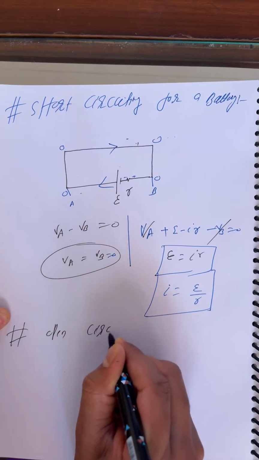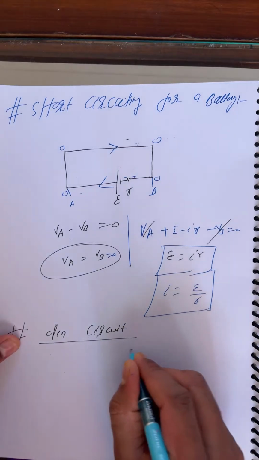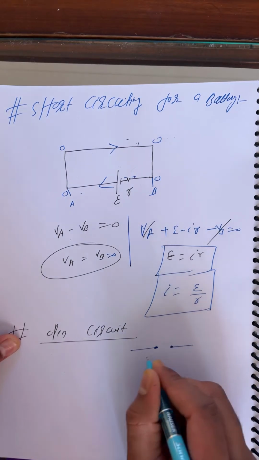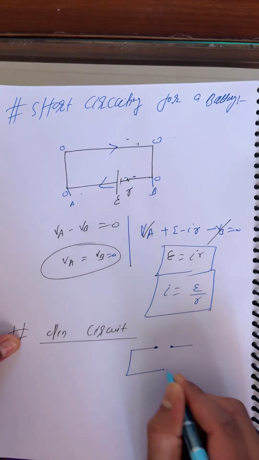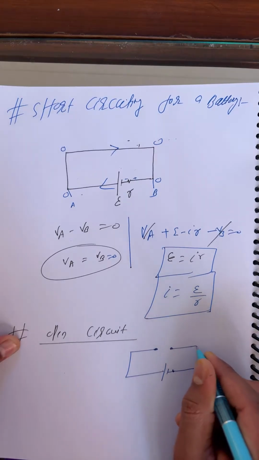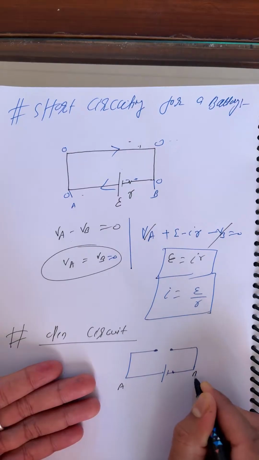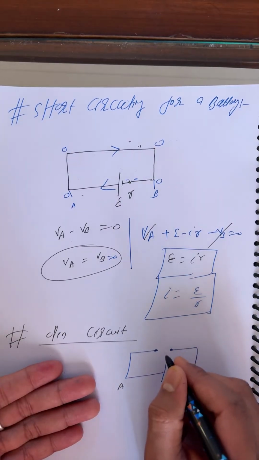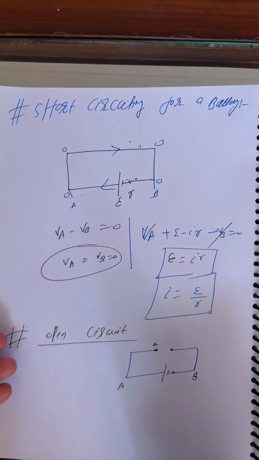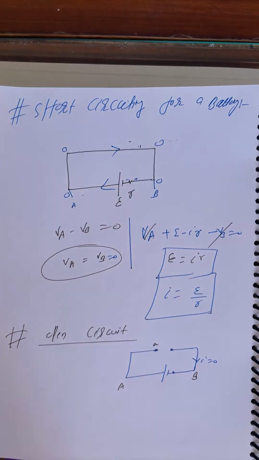We can also think about an open circuit. This is point A and this is point B. In an open circuit, the current is equal to 0.